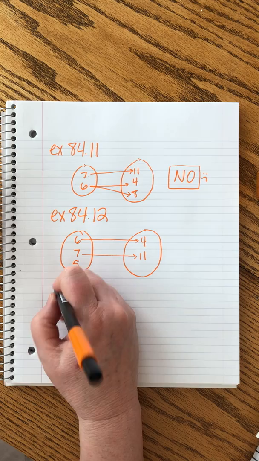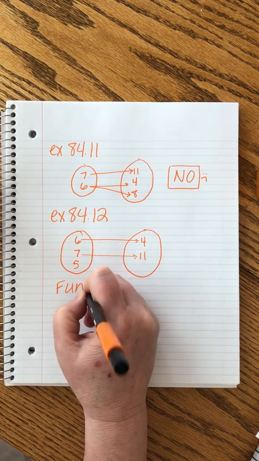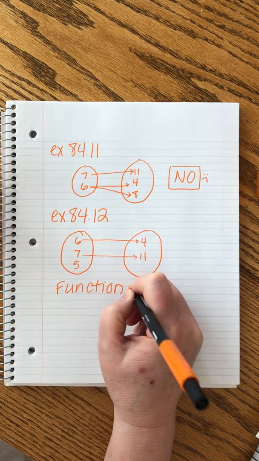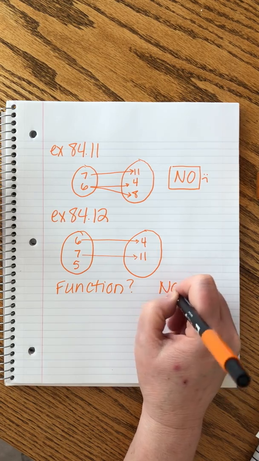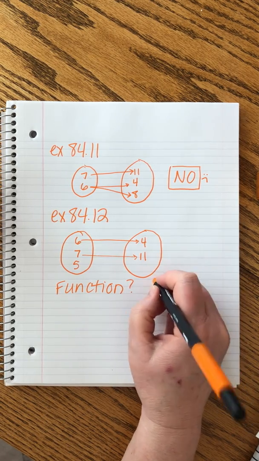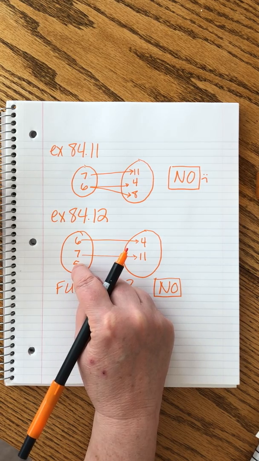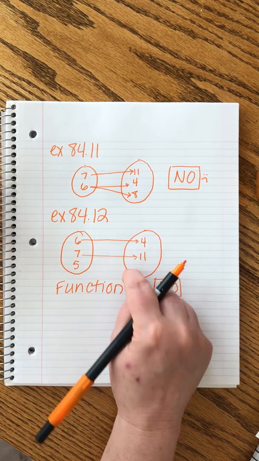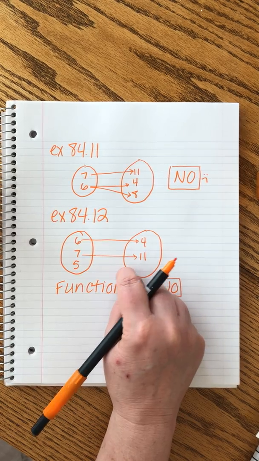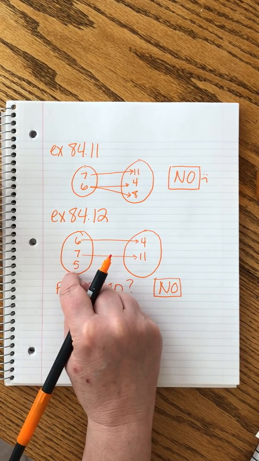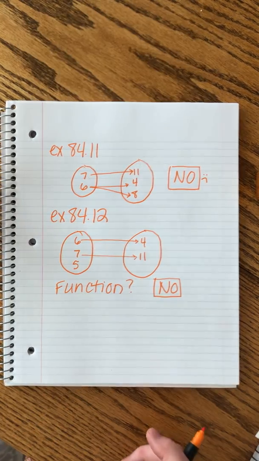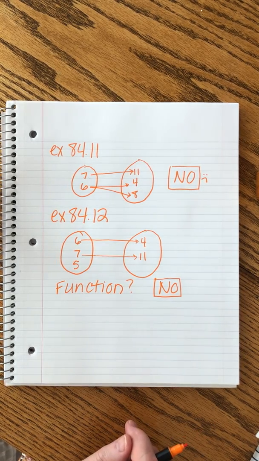So is this a function? No, because remember, to be a function, every member of the input needs to be mapped with or connected to one and only one member of the outputs. 5 is a loner. And he doesn't have anyone.